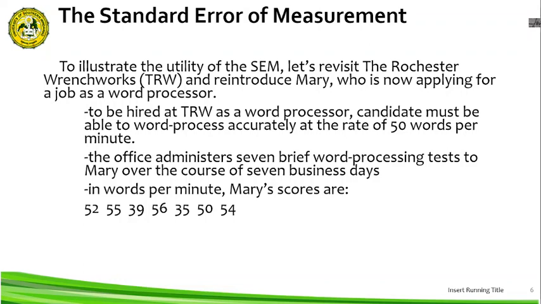The office administers 7 brief word processing tests to Mary over the course of 7 business days. In words per minute, Mary's scores are 52, 55, 39, 56, 35, 50, and 54.